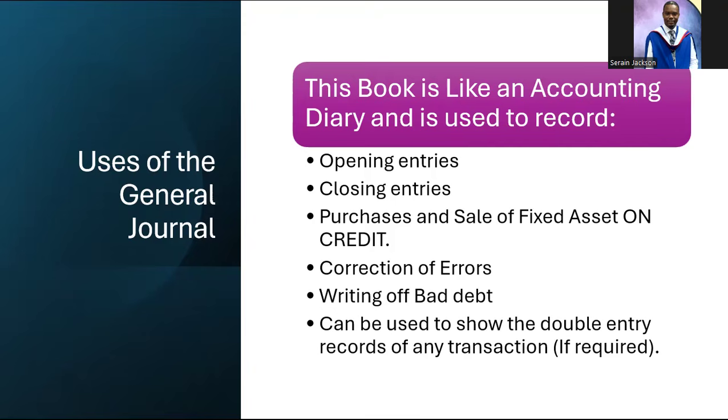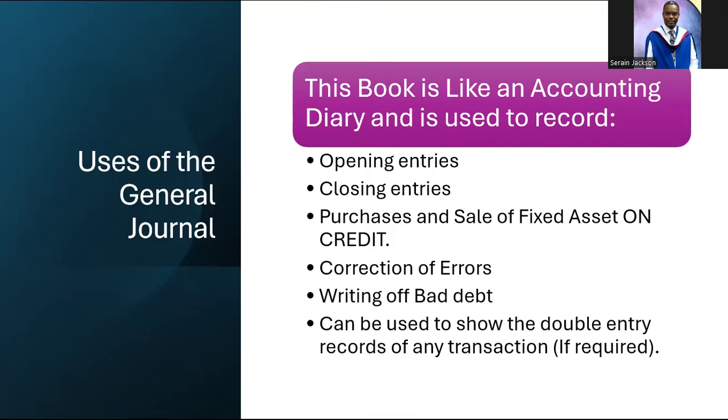Also, the general journal is used to record purchases and the sale of fixed assets on credit. It is important that you note that I said on credit, and fixed assets. So that part is important. It is used to record correction of errors, but we will not look at that use in this video because that's a topic by itself in CSEC accounting.